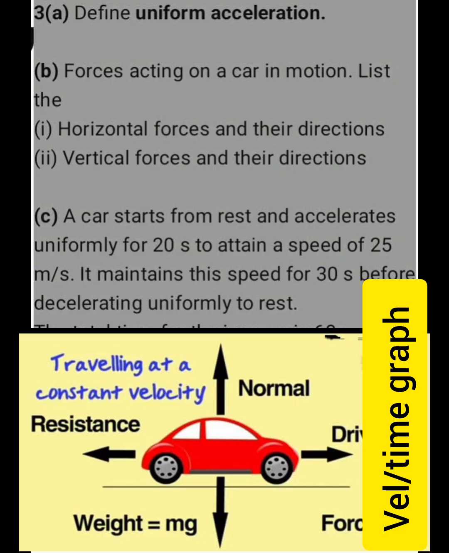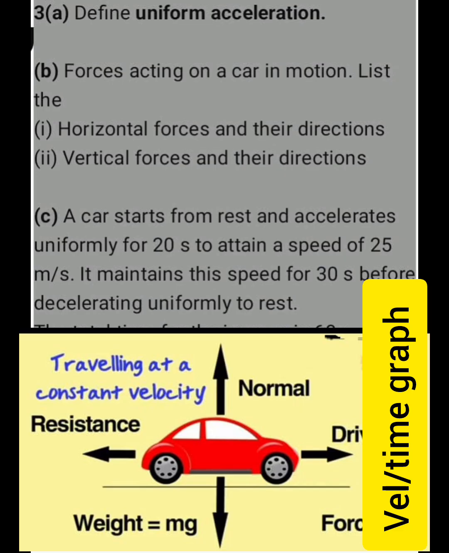These are the horizontal forces. As for the vertical forces, you have the weight of the car, which acts downward due to gravity. Also you have the normal reaction of the surface of the road acting upward, which is exerted by the road surface on the car.